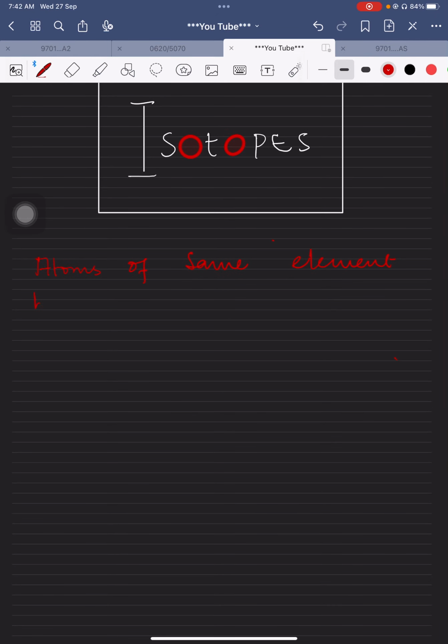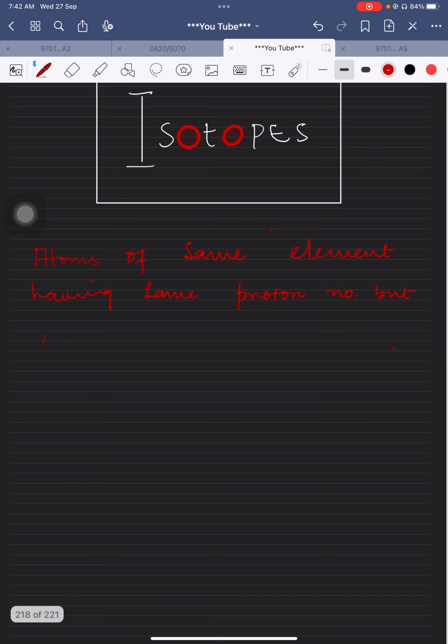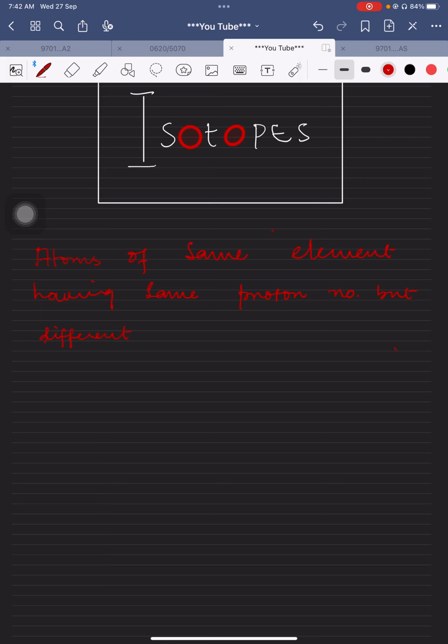Okay. So, atoms of the same element having the same proton number but different nucleon number due to a difference in the number of neutrons.